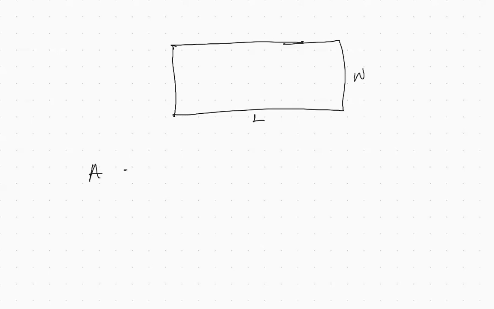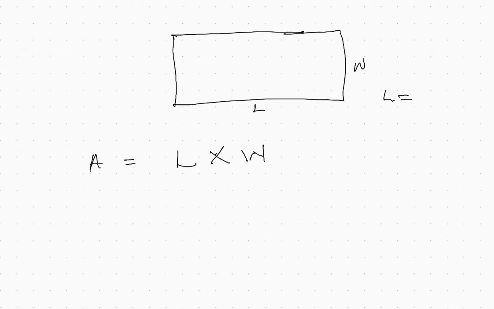They said the area of a rectangle equals L times W. And they told you that L equals 10 centimeters, and the width equals 5 centimeters. So they asked to find the area. So this is the formula for the area: length times width.